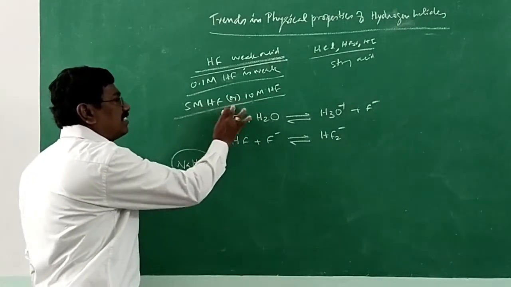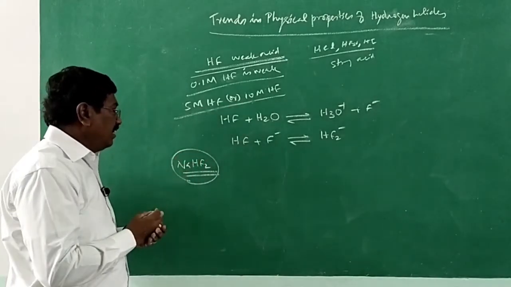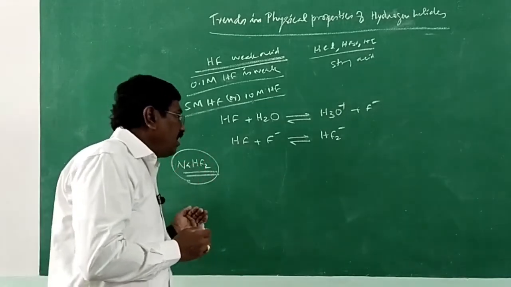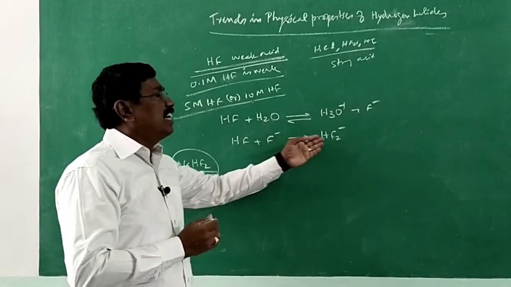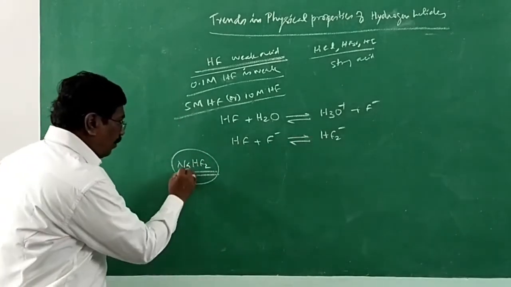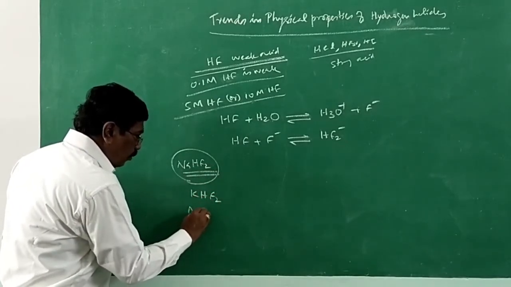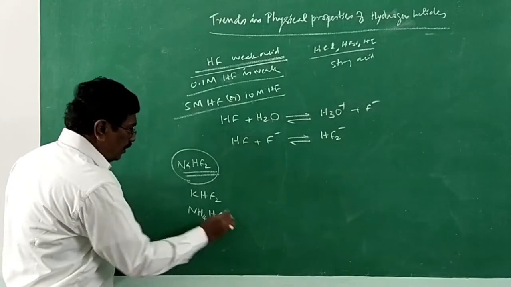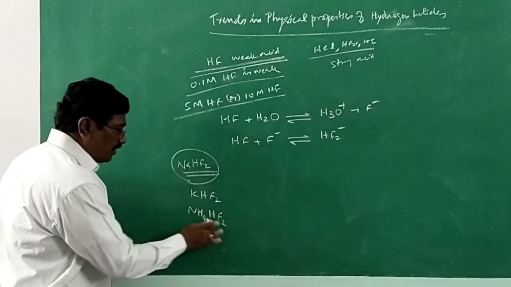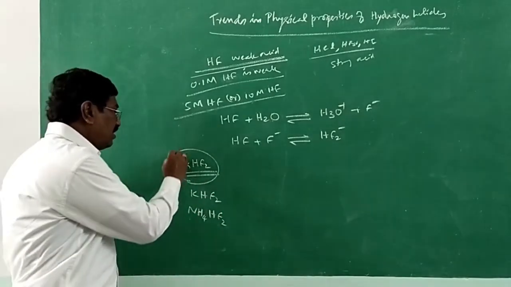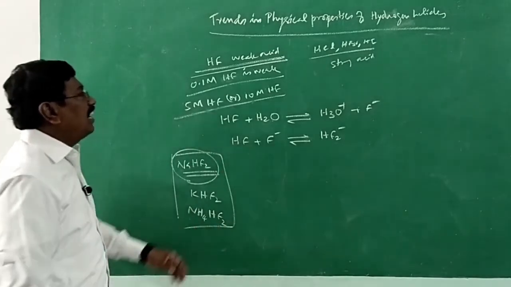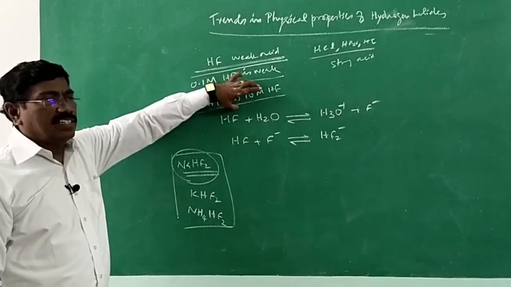At very high concentration, it acts as a very strong acid. Therefore, with sodium hydroxide, potassium hydroxide, ammonium hydroxide, it can form NaHF2, KHF2, NH4HF2. So it forms these sorts of salts only under high concentration.